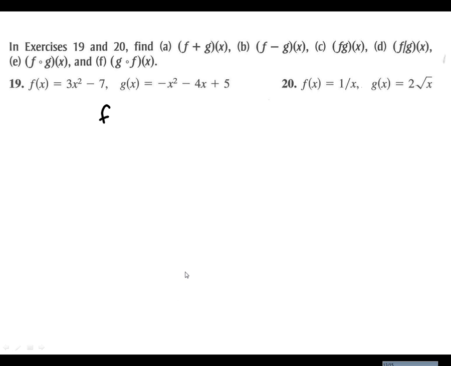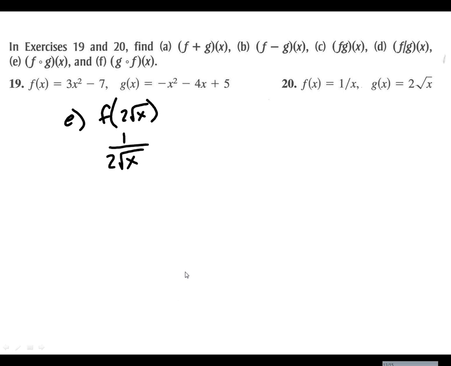So this is part E. G is 2 root x. And on this one, we're going to say f is 1 over 2 root x.